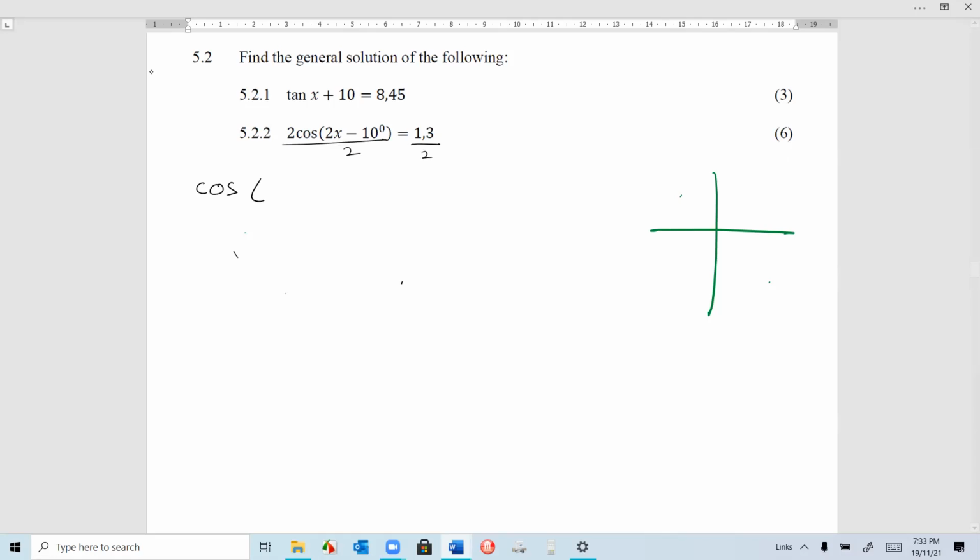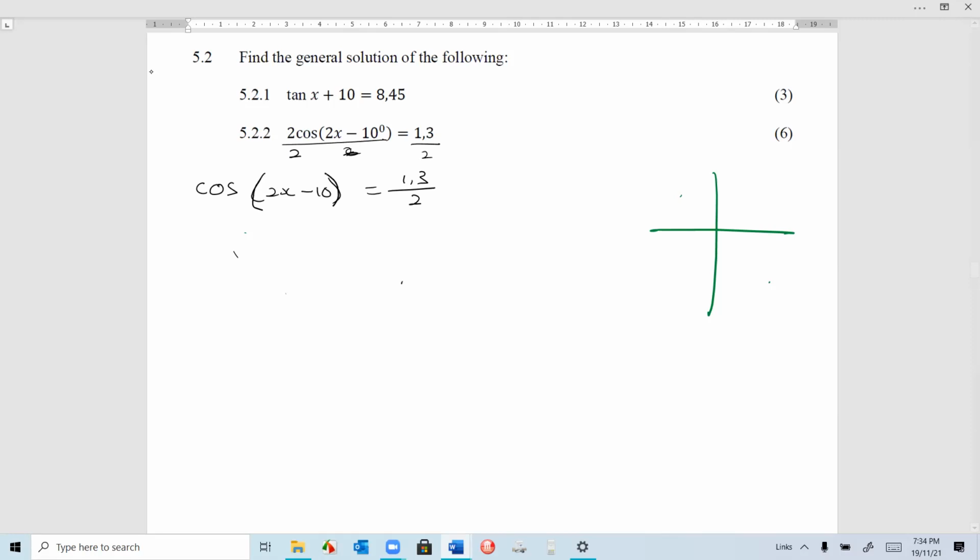So we're going to get cos(2x minus 10) is equal to 1.3 over 2. Now, do you know why I did that? Everyone with me? Yes, sir.